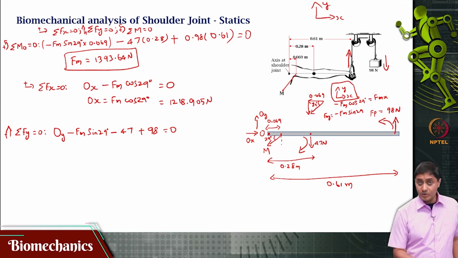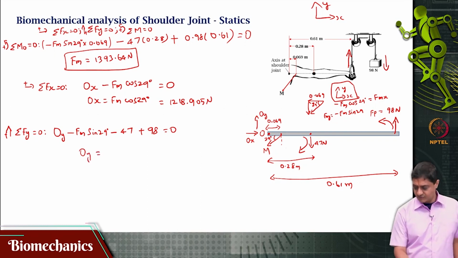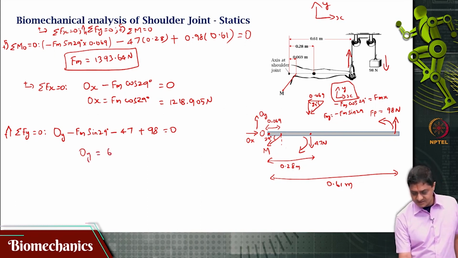So, because I know Fm to be 1393.64 newtons, substitute for that and simplify, and you will find the value of Oy to be 624.65 newtons.